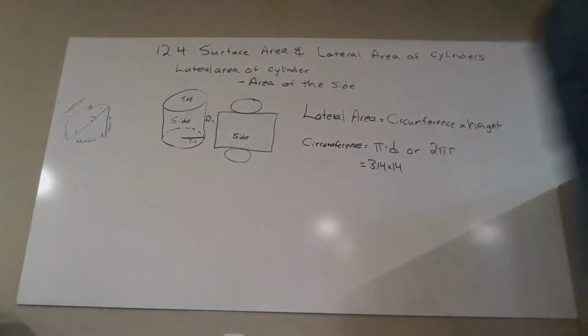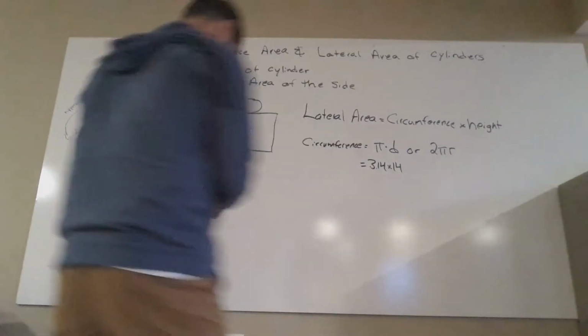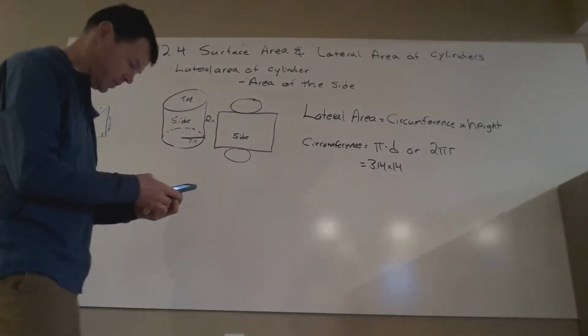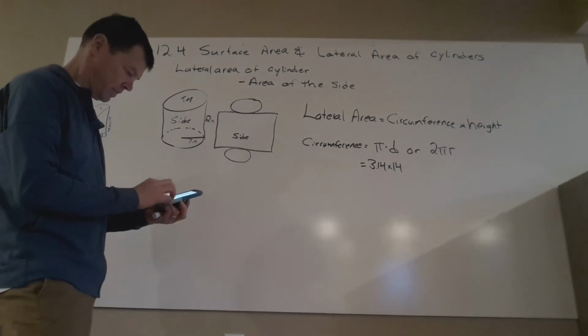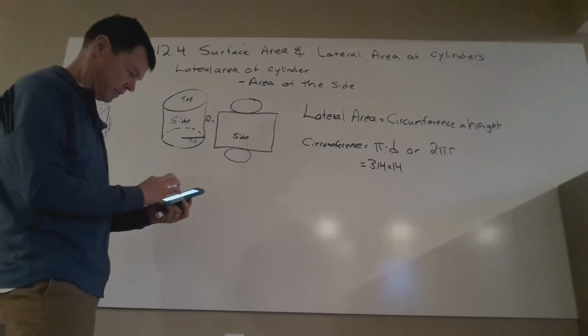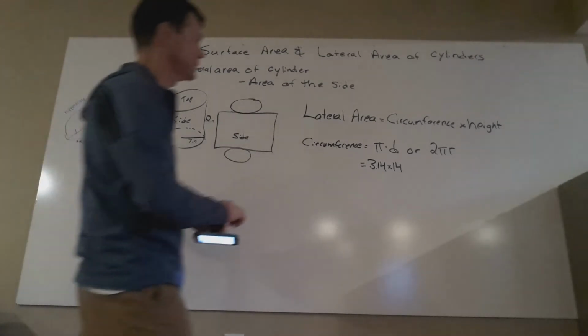And when you work that out, use my calculator. 3.14 times 14. All right. 43.96.